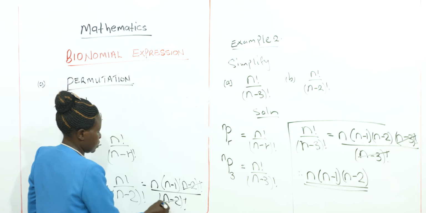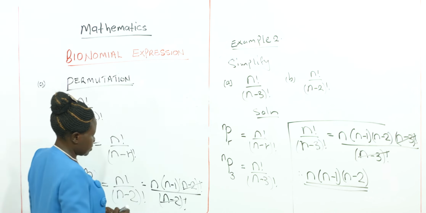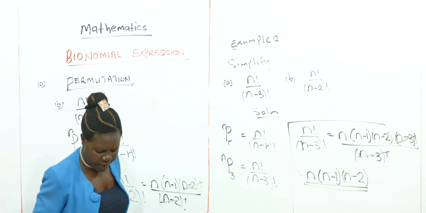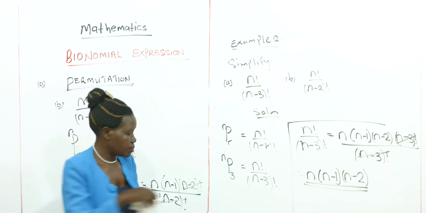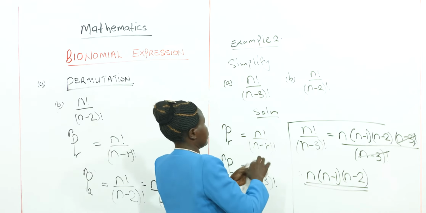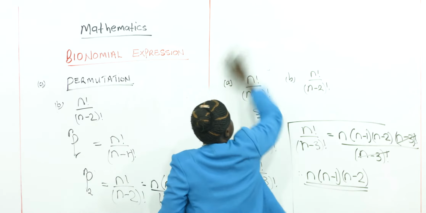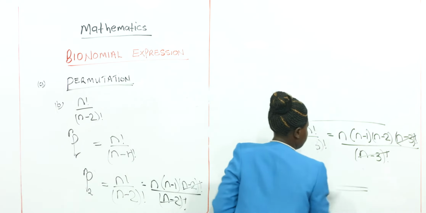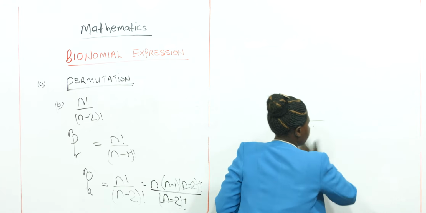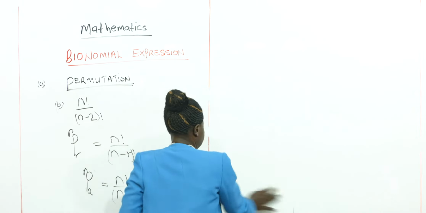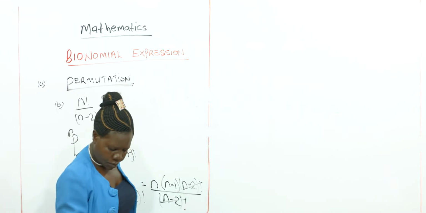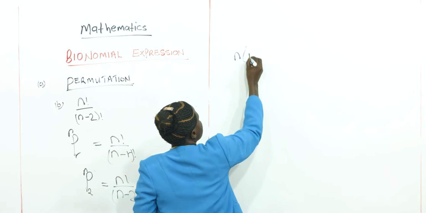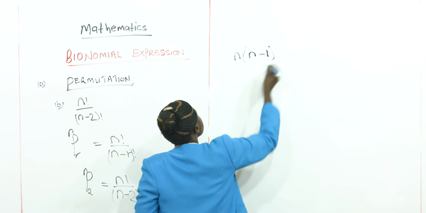So this will cancel, and then you remain with your possible answer as n into n minus 1.